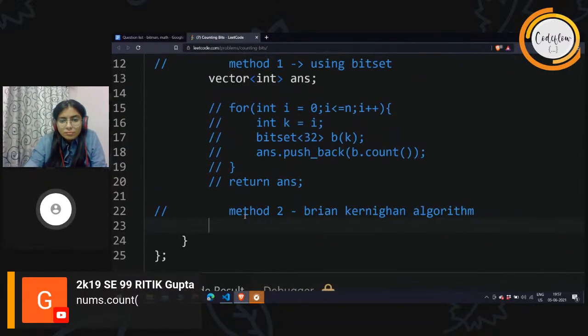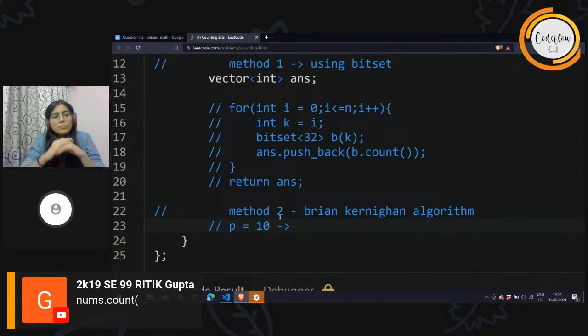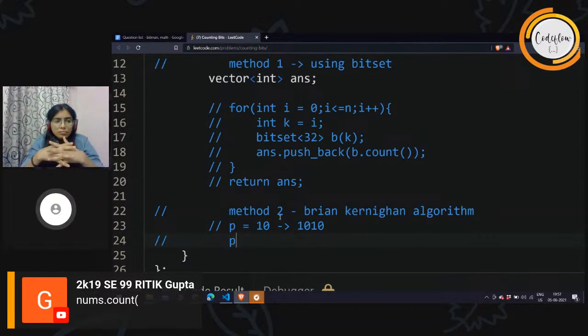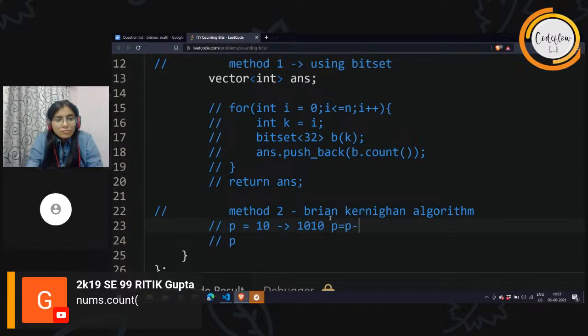For example, if I have a number p and p is equal to 10, what would be its binary representation? It would be 1010. Now I do p is equal to p minus 1. What will my p be?